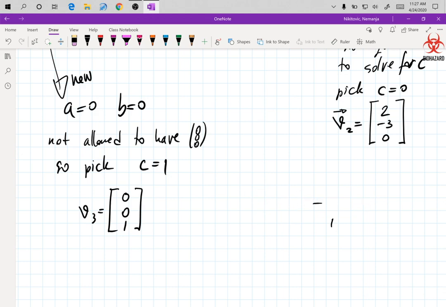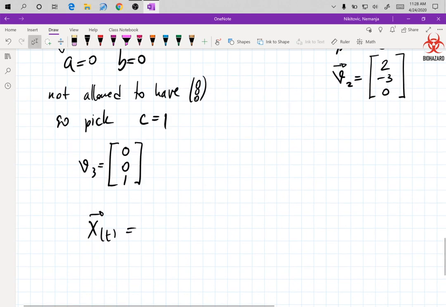So now that we have our 3 eigenvalues and distinct eigenvectors, because these vectors are not linearly dependent, they're linearly independent, you can write your solution x of t using these values. And remember what that is.